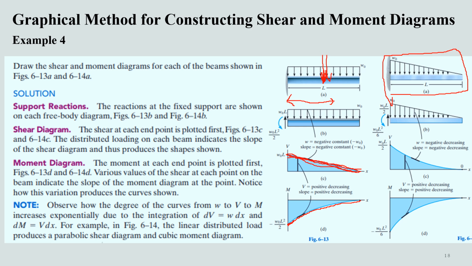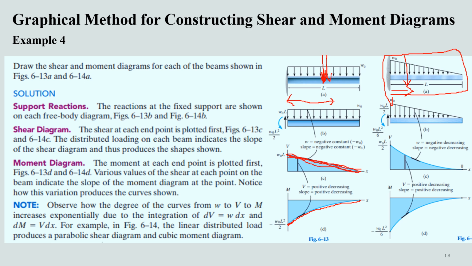Again, we have to determine the vertical reaction here, which will be equal to W naught into L by 2, because we have to take the area under the loading diagram, which is 1 by 2 into W naught into L. And again, we have to take moment, but here the moment arm will be L by 3, because the resultant of the triangular loading acts at a location which is 1/3 from the initial point of the beam, from the origin.